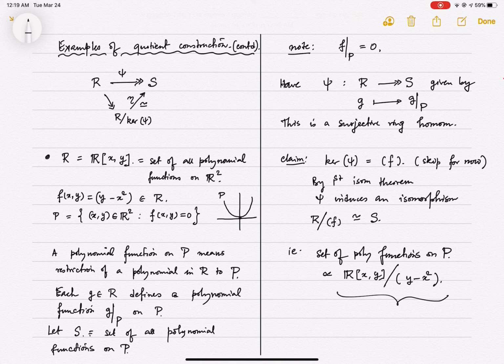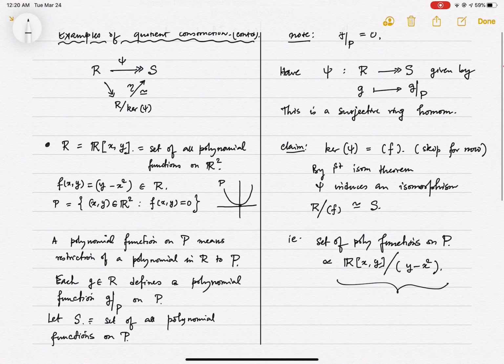And this actually generalizes. Instead of P, you could have a surface or their higher dimensional cousin, what would be called an affine algebraic variety. And you would study similar rings to understand those geometric objects. These rings in those contexts are called the coordinate rings of those varieties. Okay. I'll just make a remark and stop.